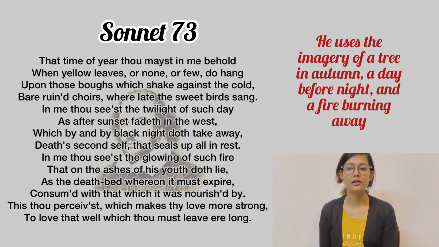So in here Shakespeare has wonderfully and beautifully used imageries and symbols to compare with our life. What kind of symbols? He has compared time of the day, he has compared fire, he has compared year with our life. Time of the day as in the day starts with the dawn, correct?